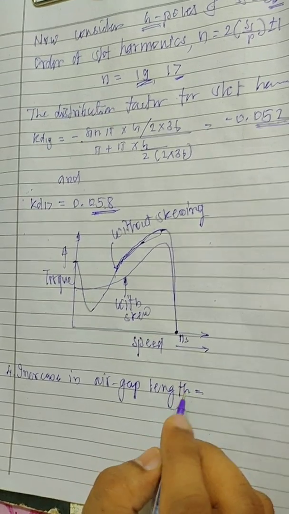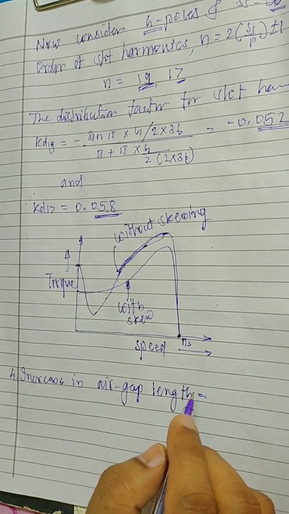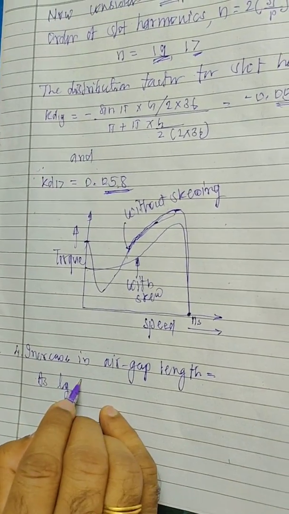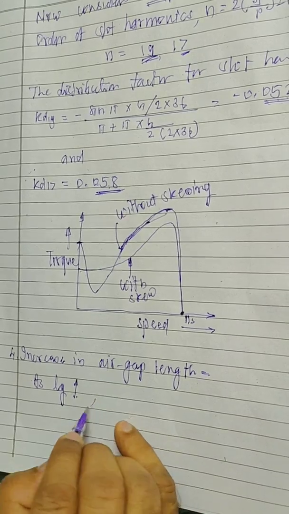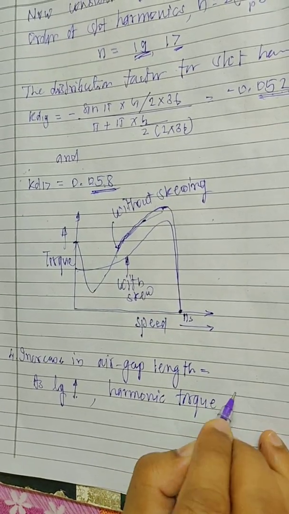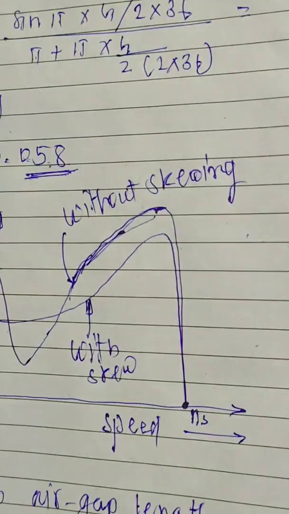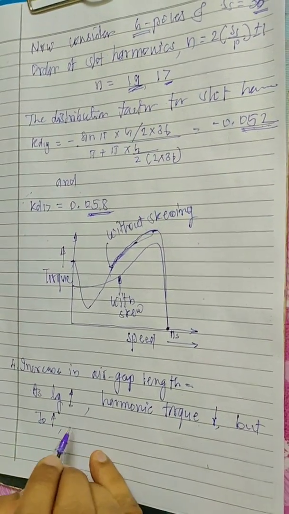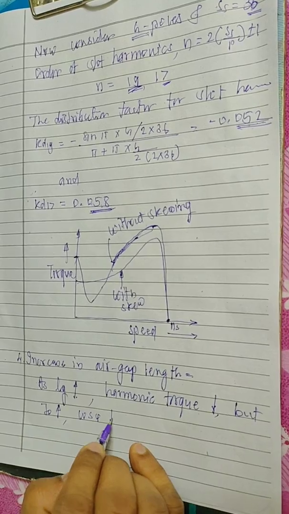But if length of air gap LG increases, no load current increases, and so the power factor of the motor decreases.